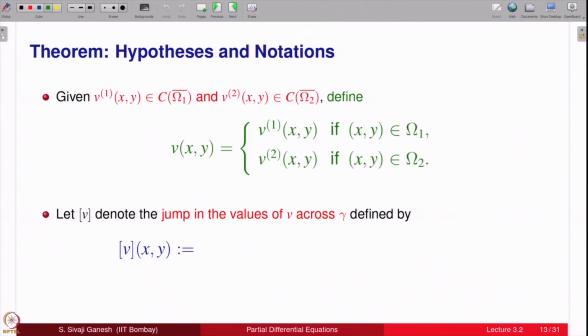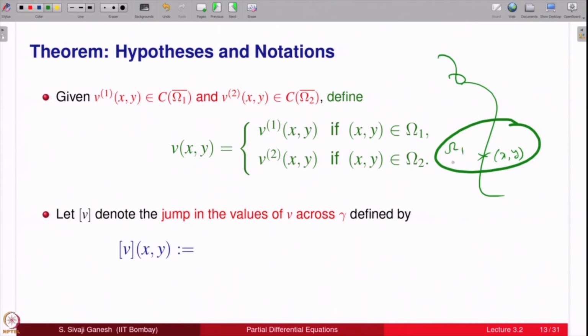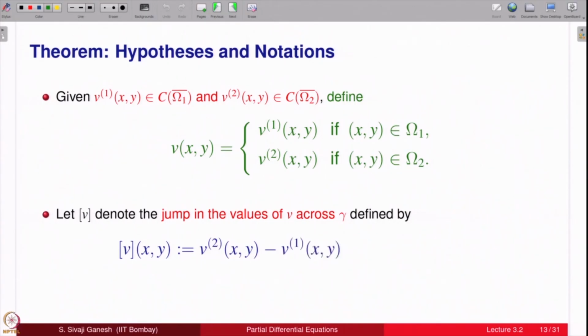That means the definition is: take a point xy on gamma. This is omega 1, this is where V1 is defined, this is where V2 is defined. We have seen V2 of xy makes sense when xy is in gamma. V1 of xy makes sense because V1 is also continuous up to the boundary, in particular its values on gamma make sense, and we can consider the difference.